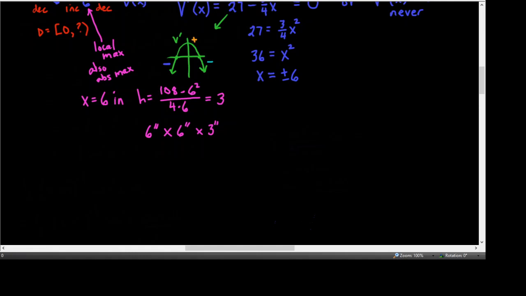And at this point, you probably would want to label the things you're finding, like I labeled the dimensions of the base of that box as x, and the height I called h. And those are the things that I needed to find. And I stated that the surface area was 108. Write a primary equation for the quantity that is to be maximized or minimized. In this example, it was the volume equation, because that's what we needed to maximize.